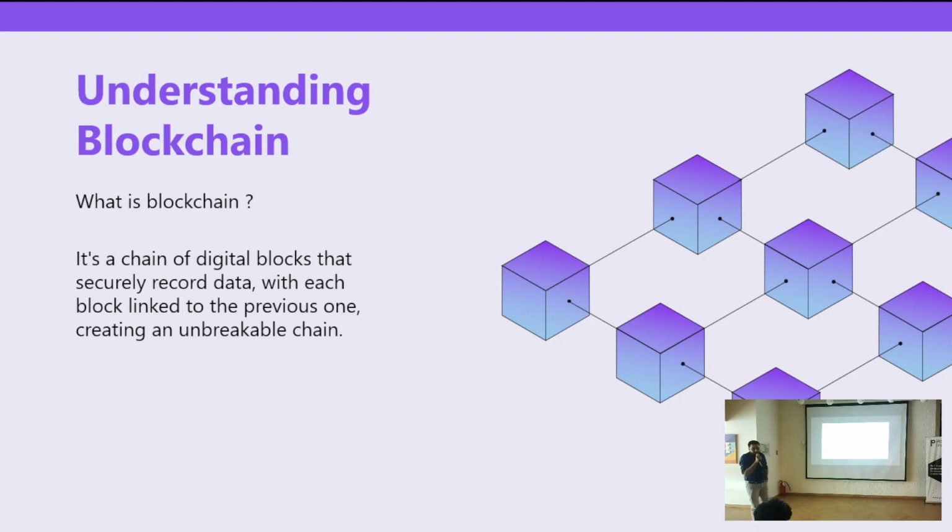It is a transparent database which everybody in the network can see. Whatever transactions are happening, they are present. So it is a digital block which securely records the data, and it is an unalterable chain in theory. It is a ledger which documents all your transaction data, whatever you want. Simple. Let's move on.